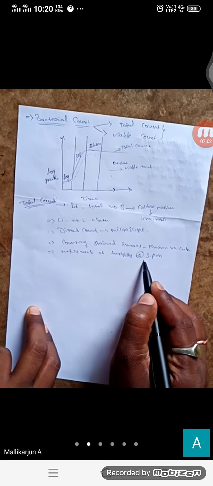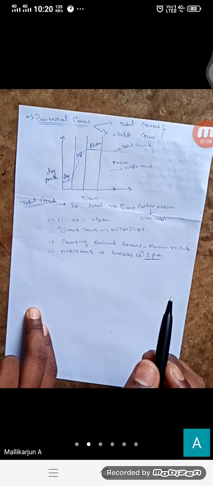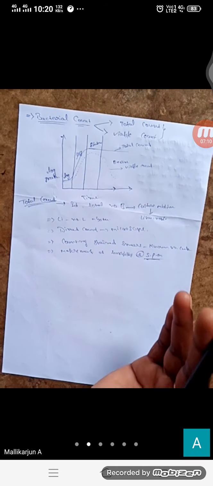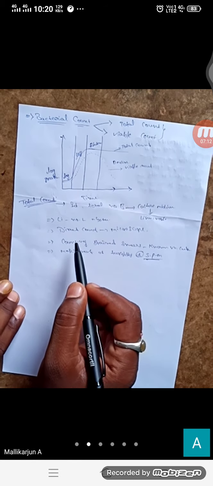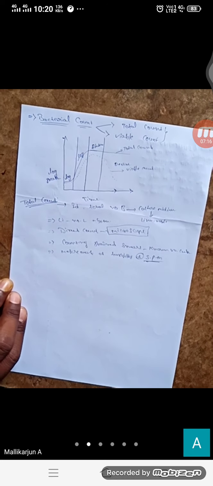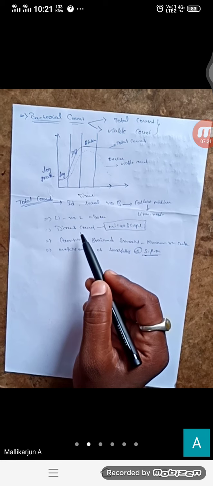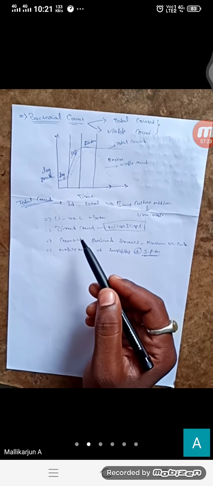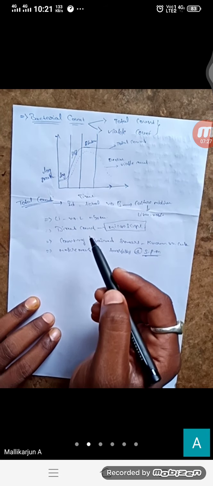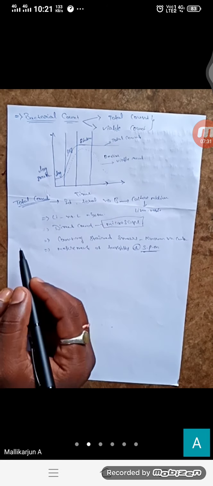The total count method is detected under a microscope, either an electron microscope or a normal microscope, and is easily counted visually. Both living and non-living organisms are counted under the total count method. So this is about the total count method.